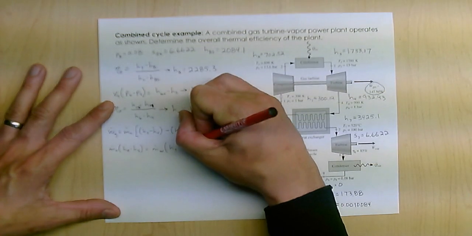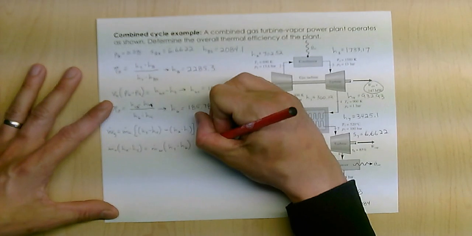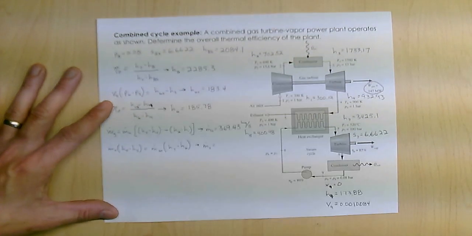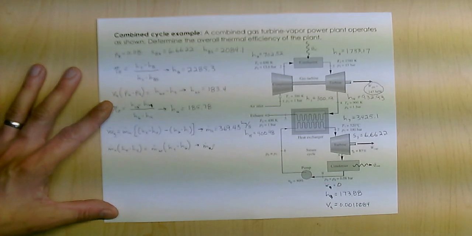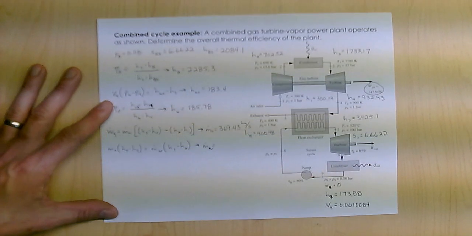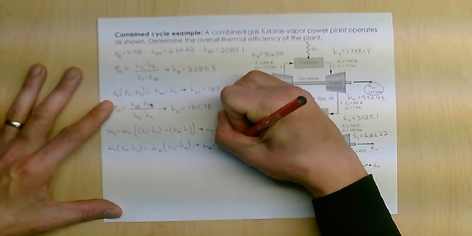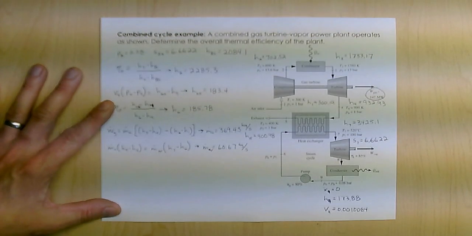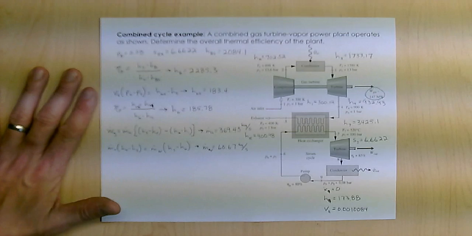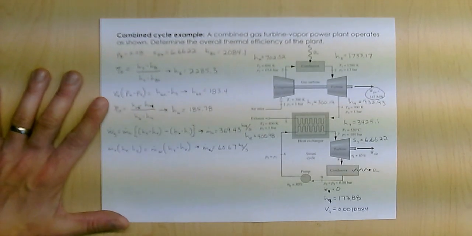I know all my H values and the mass flow rate of air. Therefore, I can find the mass flow rate of the water, which then is 60.67 kilograms per second.